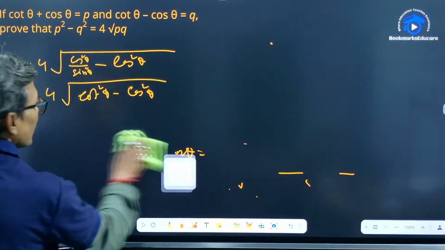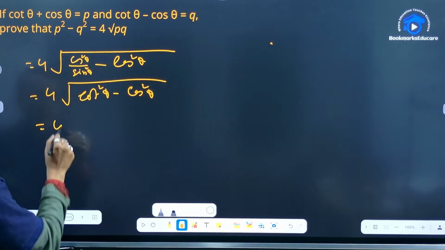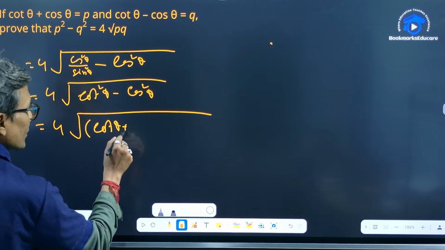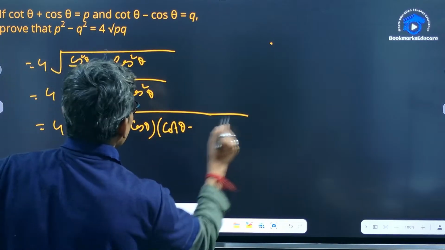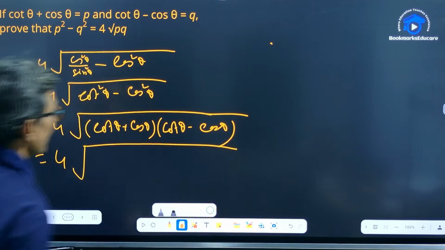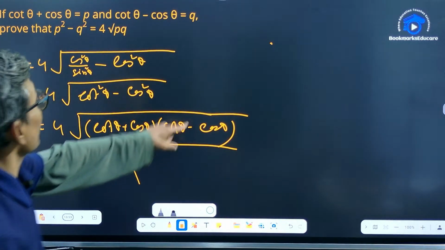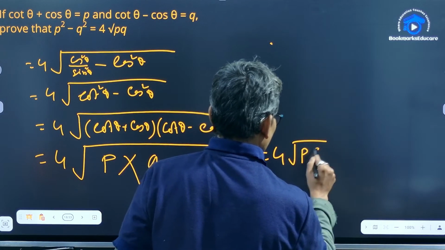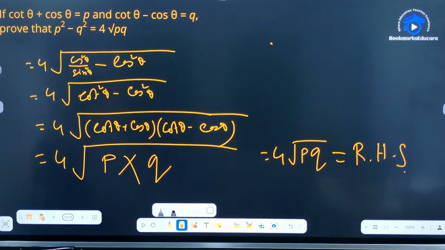Then we will apply the a square minus b square formula here. So 4 into root over of a square minus b square, that is cot theta plus cos theta into cot theta minus cos theta. So the value of cot theta plus cos theta is p, and the value of cot theta minus cos theta is q. So p into root over of pq, root over of pq is equal to RHS. This is the right hand side. Proved. Okay.